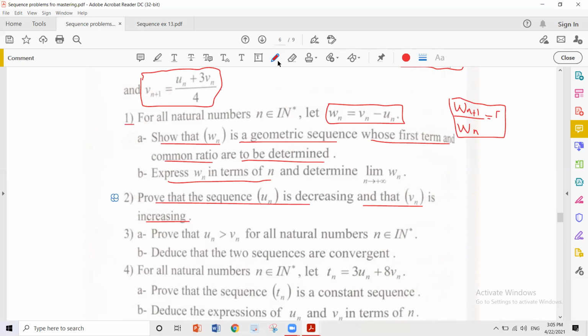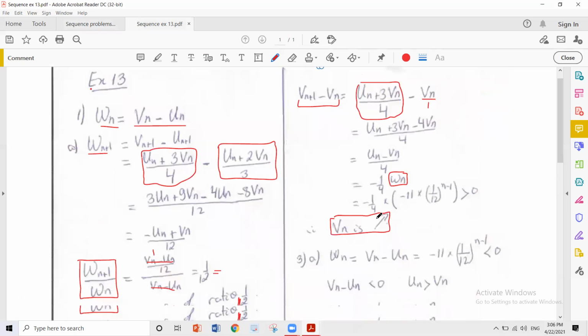Part 3a. Prove that Un is greater than Vn. How to prove that Un is greater than Vn? I take Un minus Vn. Un minus Vn is minus Wn. Wn, which equals Vn minus Un, is minus 11 times 1 over 12 to the power n minus 1.